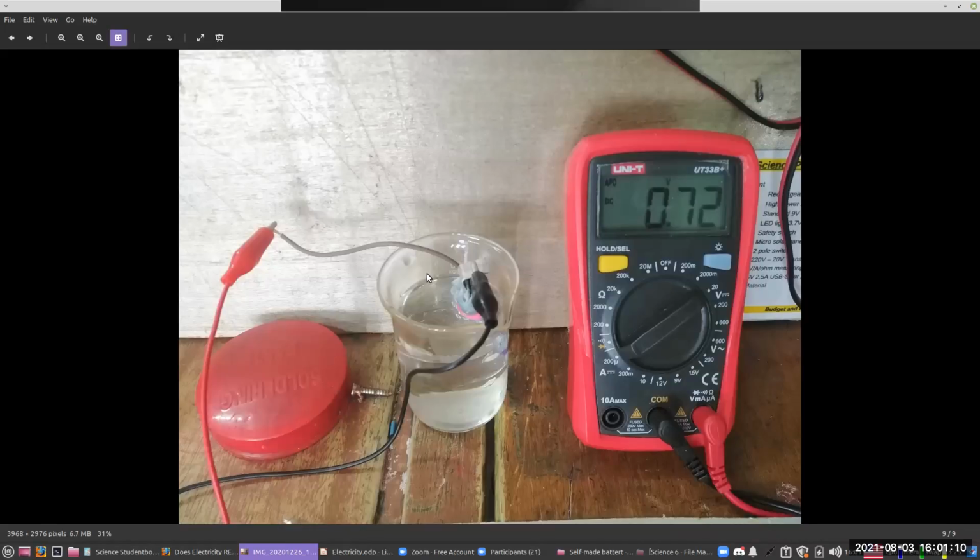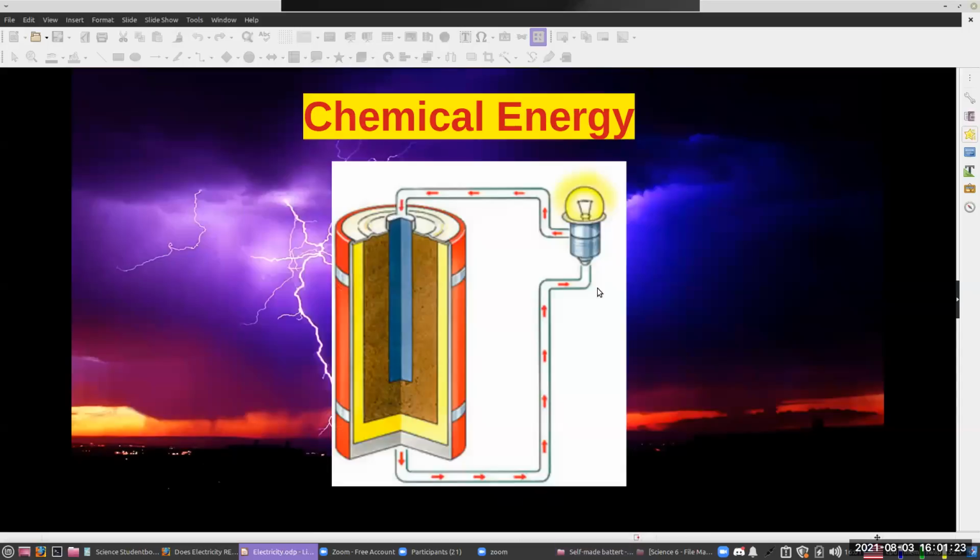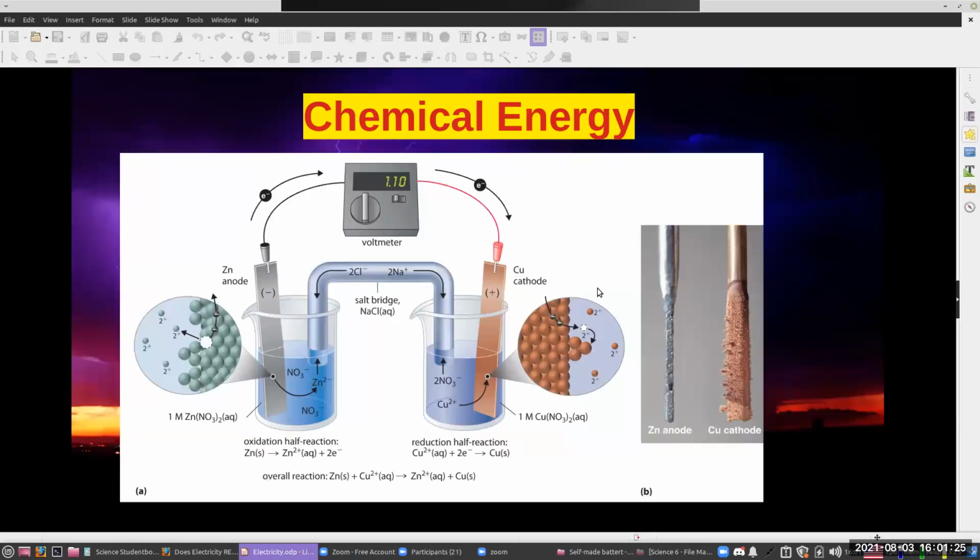Electricity is everywhere around us, but we must make something to get it to flow. So here's an example of a battery. Chemical energy means it flows from one side to another side. As an example, we have on one side a different material than on the other side, and the electrons flow from one side to the other.